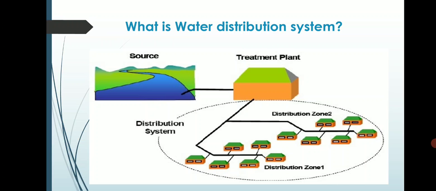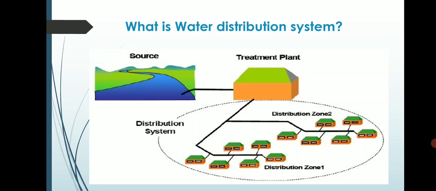Okay, so first of all, we all have to know what is actually a water distribution system. Here in the picture we can all see that there is a source, a treatment plant, and a water distribution zone. There are actually two zones. Here we can see from the source we get water, but the water we get from the source is not completely pure.